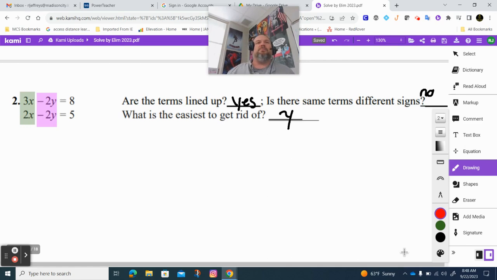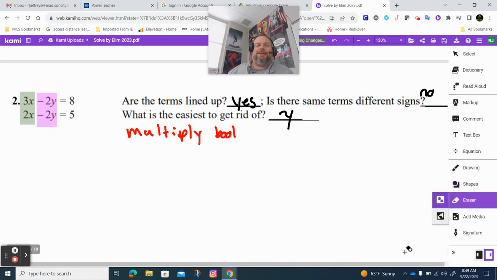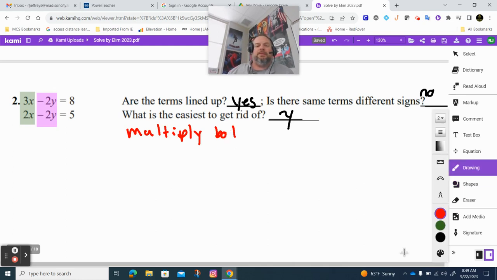If we were to multiply this bottom one by -1, okay? So we've got to write down the rules again. Bottom by -1. All right.